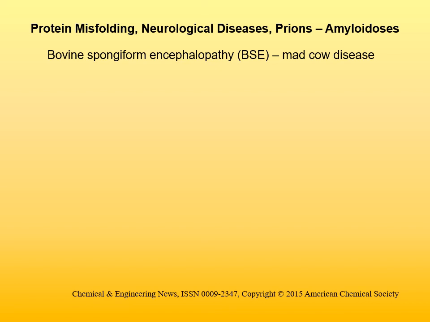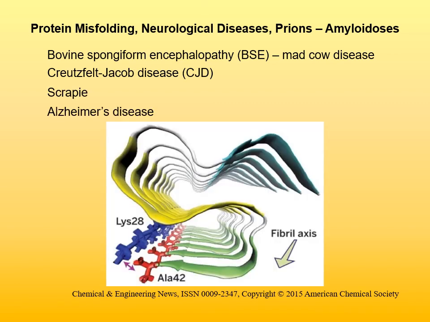But it turned out that for certain disorders, such as bovine spongiform encephalopathy, BSE, or mad cow disease, Creutzfeldt-Jakob disease, CJD, and scrapie, and actually some non-infectious diseases, such as Alzheimer's, Parkinson's, Huntington's, amyloid plaques are present, amyloid fibrils are present.